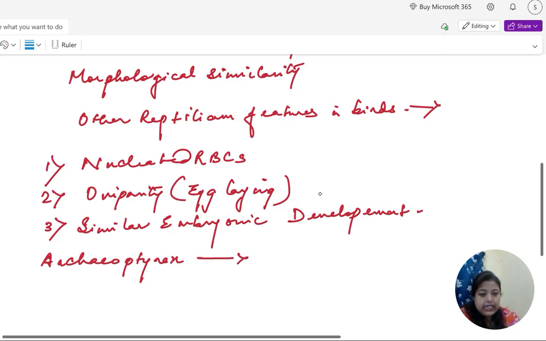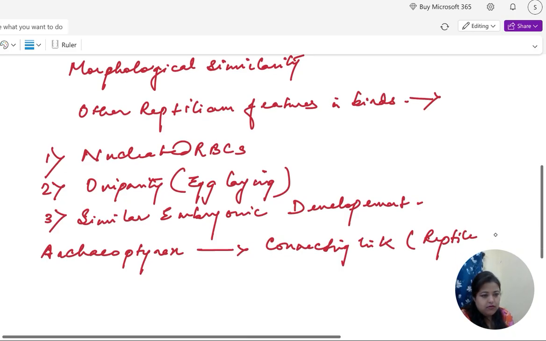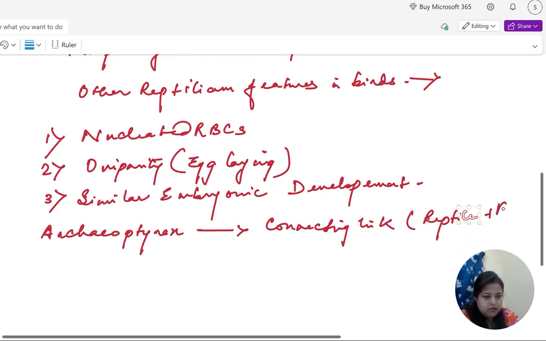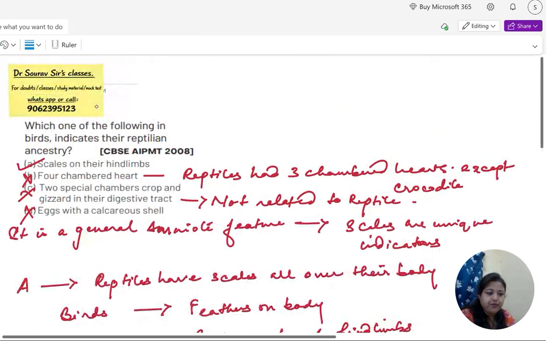This has got a connecting link, Archaeopteryx. Clear? Yeah, everything has been given out.